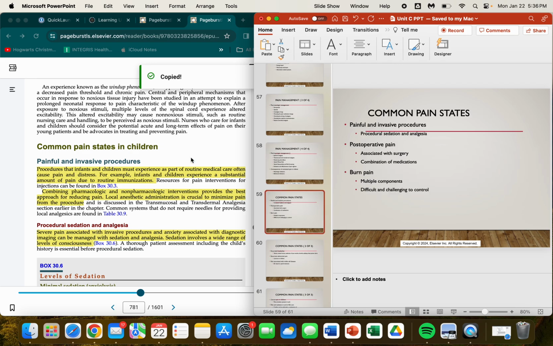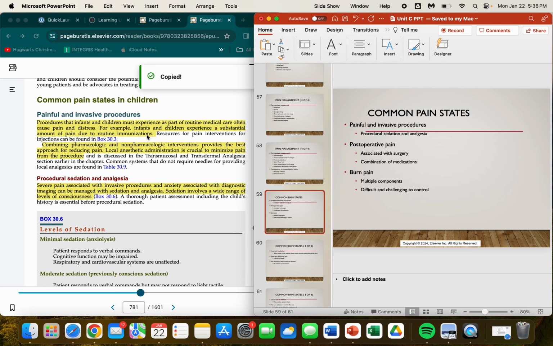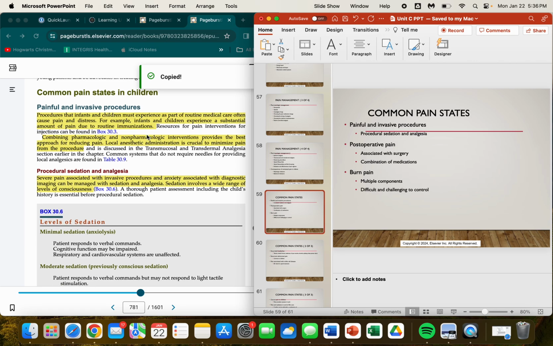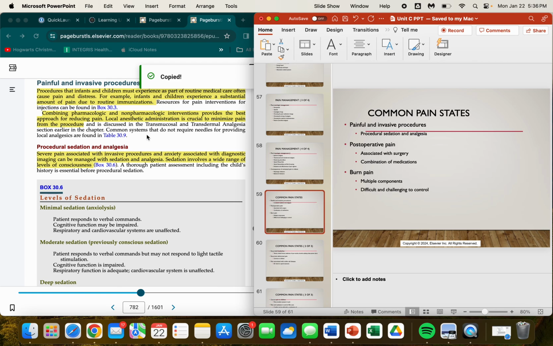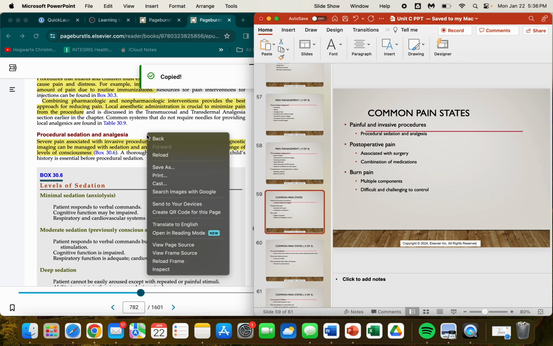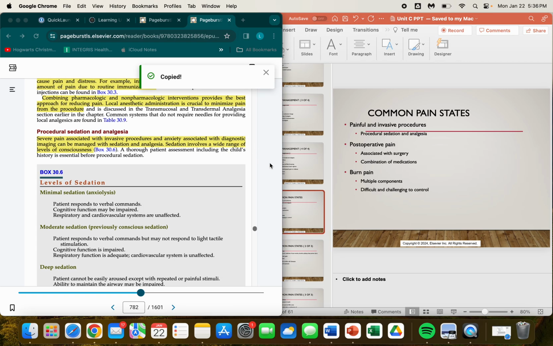We talk about common pain states. Painful and invasive procedures are one way that children experience pain. Obviously, as part of routine medical care, it can be distressing. Immunizations, obviously, depending on what the child is going through, would determine what kind of pain intervention we give that child.